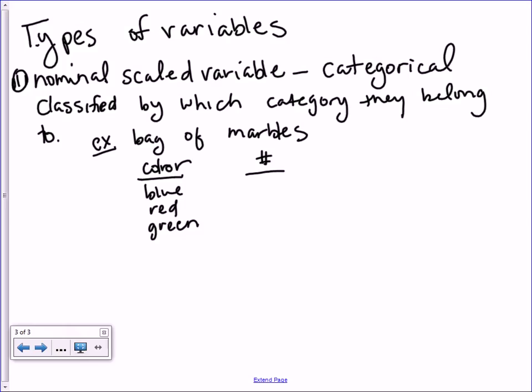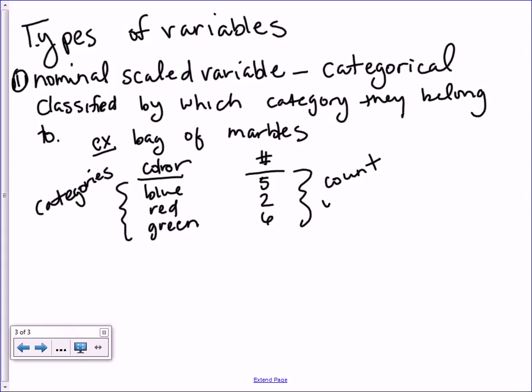The blue ones, maybe there's 5, the red ones there's 2, and the green ones there's 6. Whatever it is. These are the categories, and this is basically the count within the category.